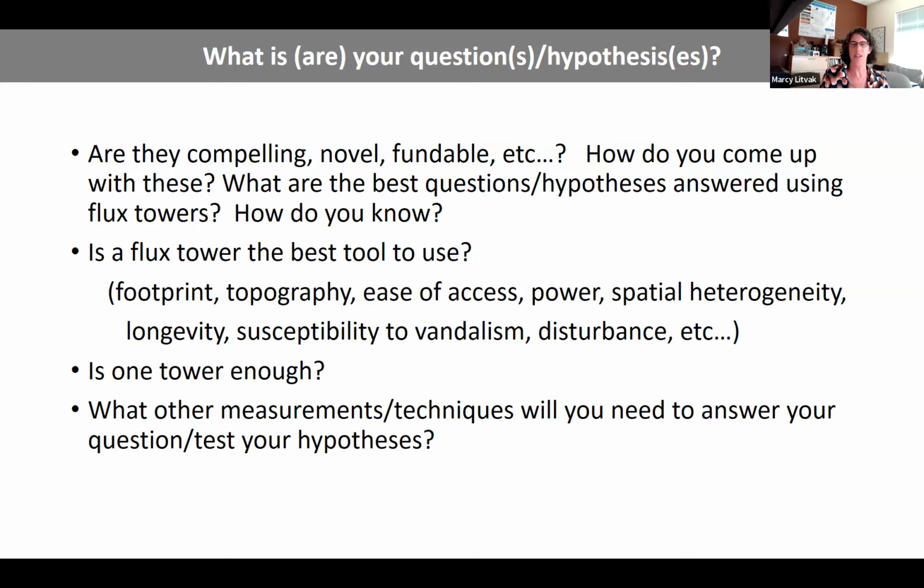So everything really needs to come back to your question or the hypotheses that you set out at the beginning. And then who do you need on your team? And this again comes back to your questions and your hypotheses. I would also encourage you to think strategically in terms of funding. We just hired a new professor last year, and she just got funding from DOE EPSCoR.